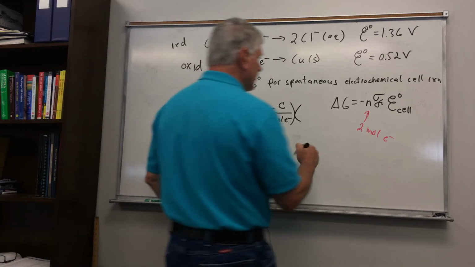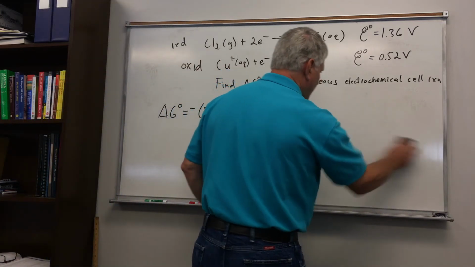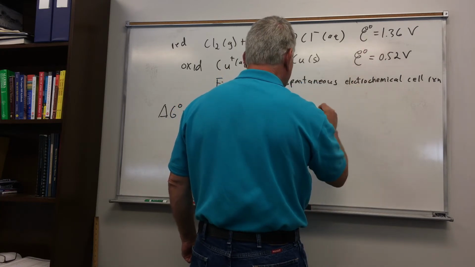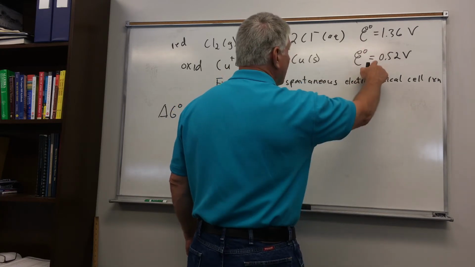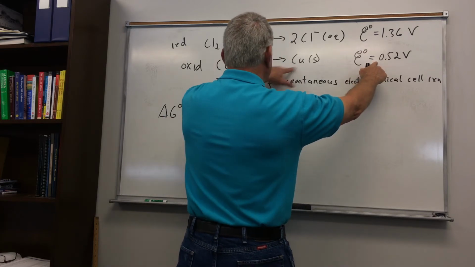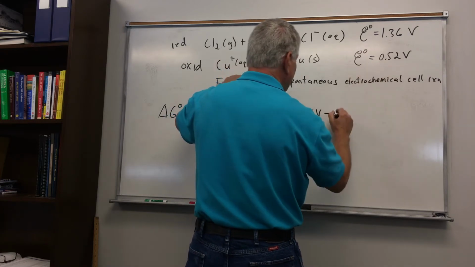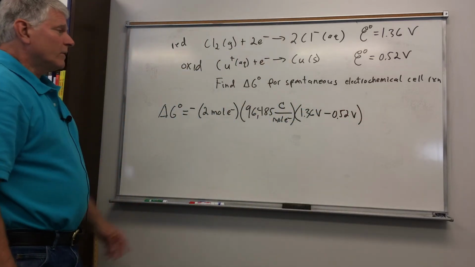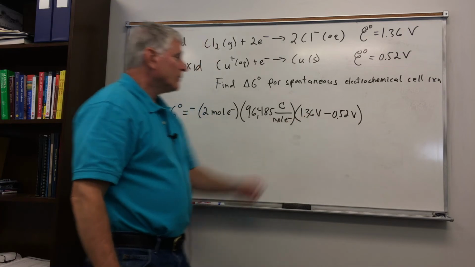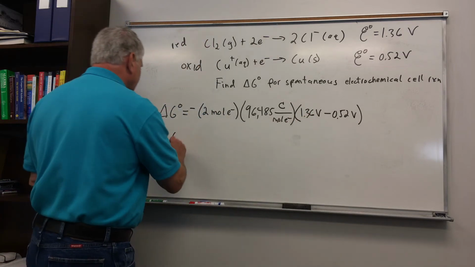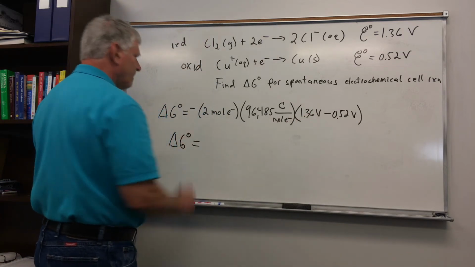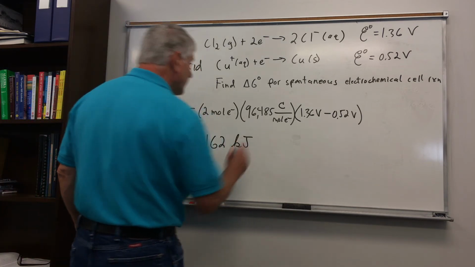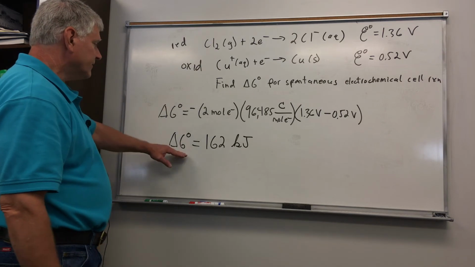And that's going to be 1.36 volts. And then since I've written the copper reaction backwards as an oxidation, I have to change the sign. So it's the oxidation plus the reduction. So this will give me 162 kilojoules for delta G standard.